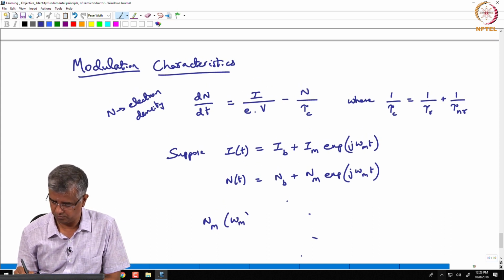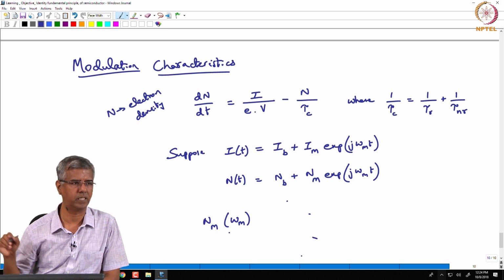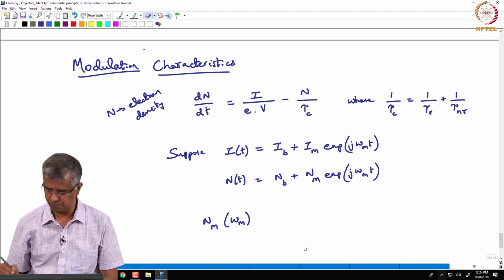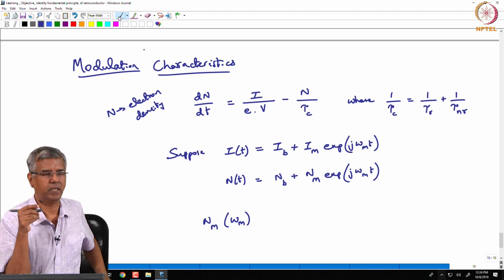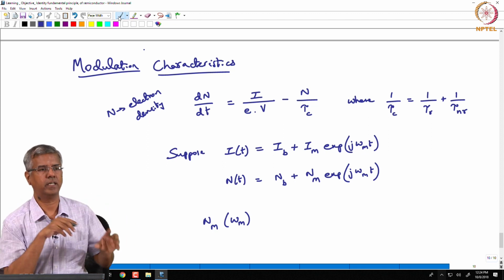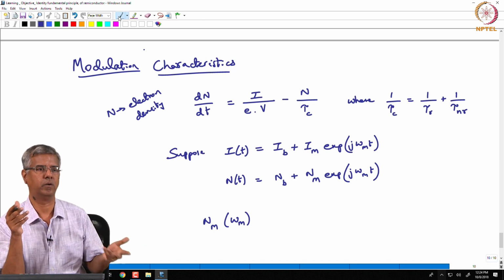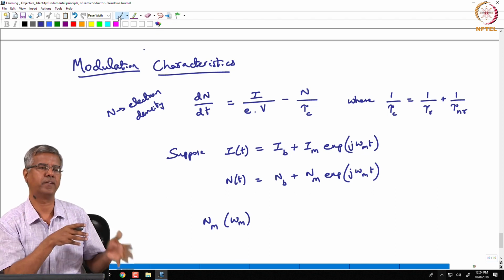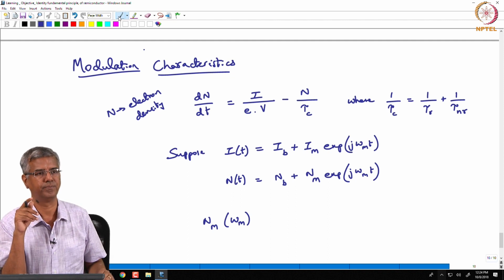as a function of omega m, where omega m is the angular frequency corresponding to the modulation. So, yeah, we are tracking only the electron density, but we are assuming that there is a corresponding number of holes that are available. So, the recombination obviously happens with respect to both the electrons and holes. So, whatever is happening to the electrons, we are saying there is a corresponding picture for the holes as well.